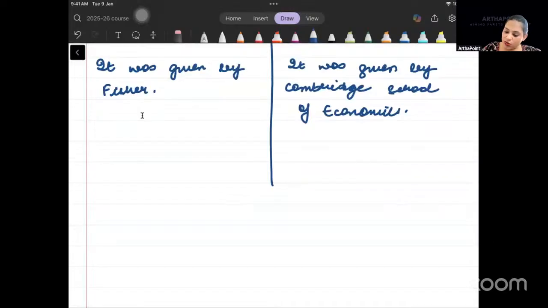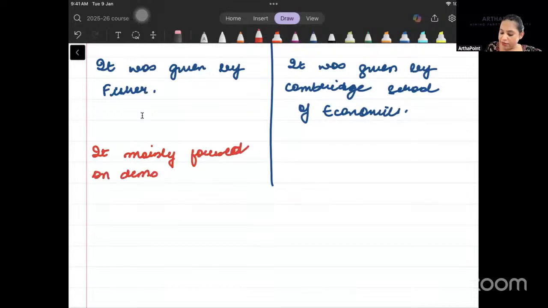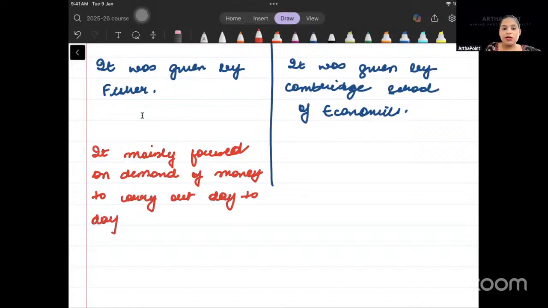Transaction, as the word suggests, mainly focuses on demand of money to carry day-to-day transactions.